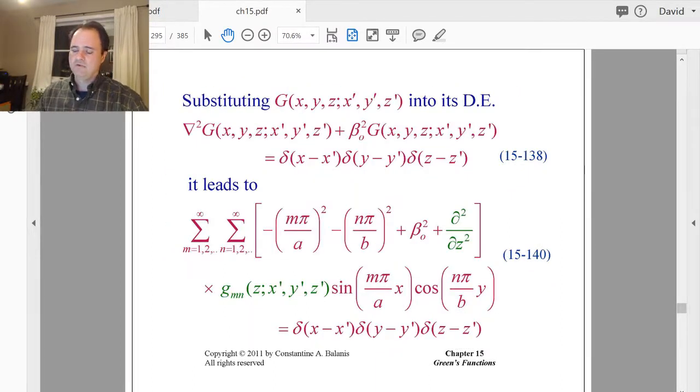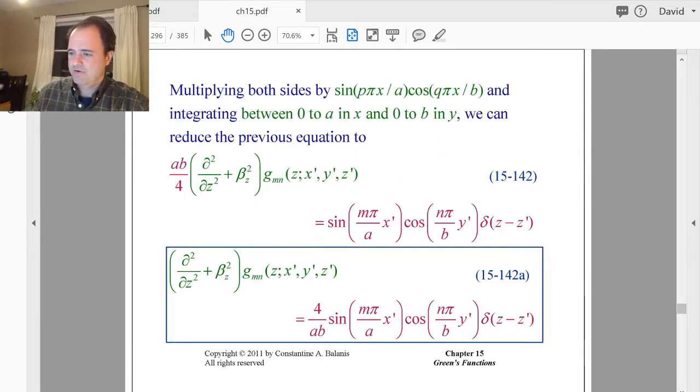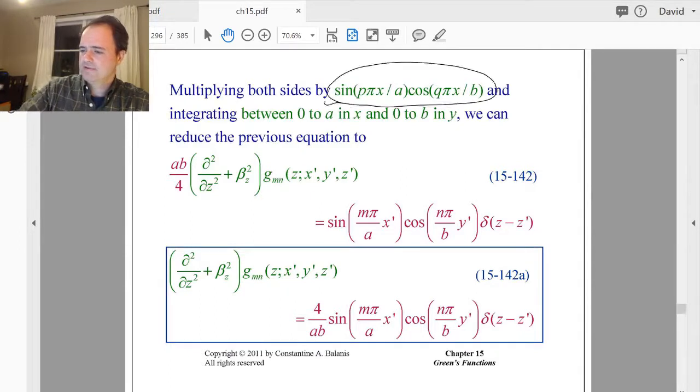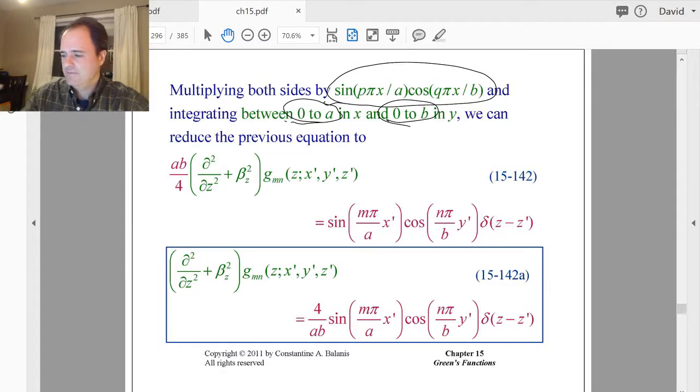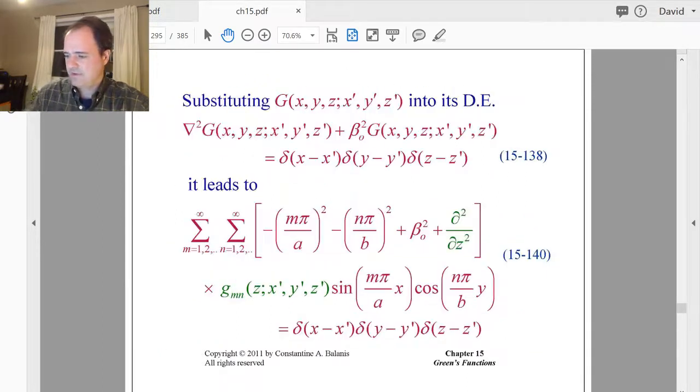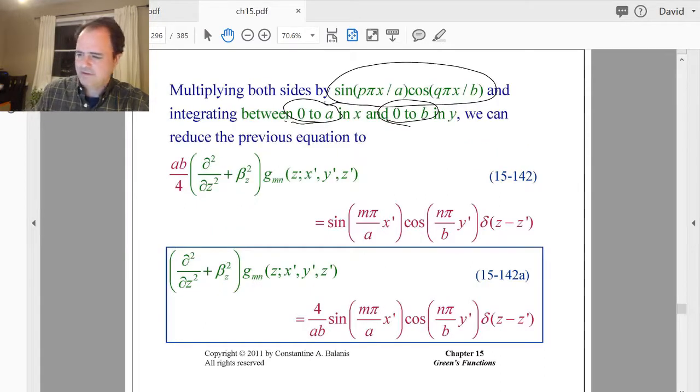Then we substitute that trial solution into the differential equation that the Green's function must satisfy, and we have that. And we're going to now multiply both sides by this and integrate from 0 to a in x and 0 to b in y. We have a delta function, delta x, delta y on that side.